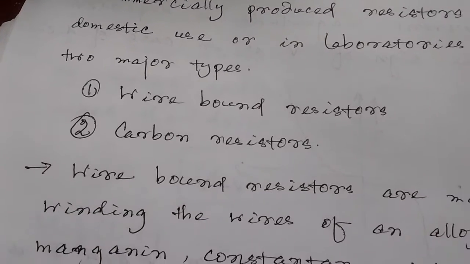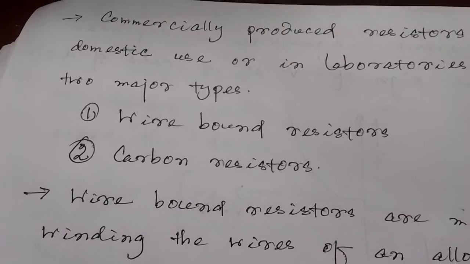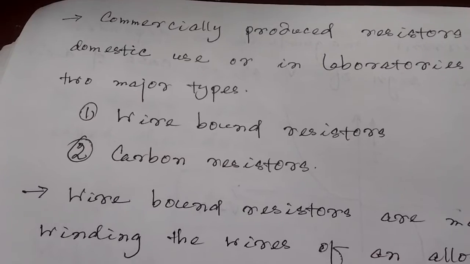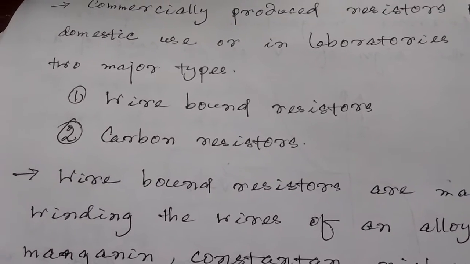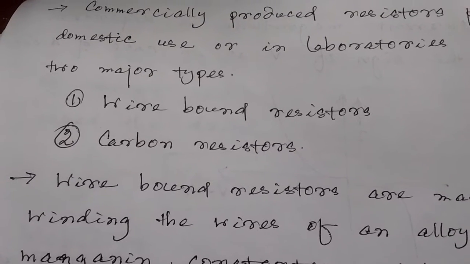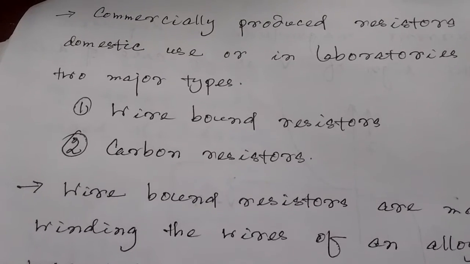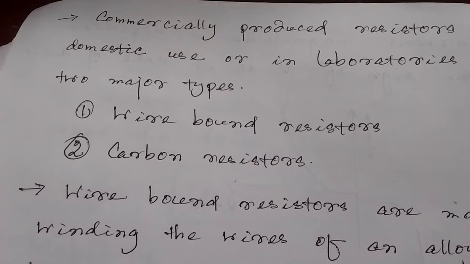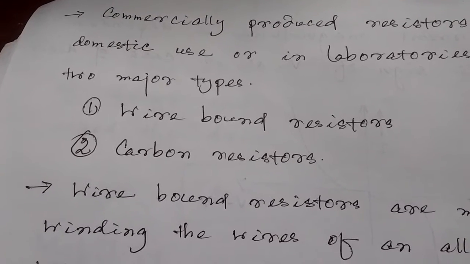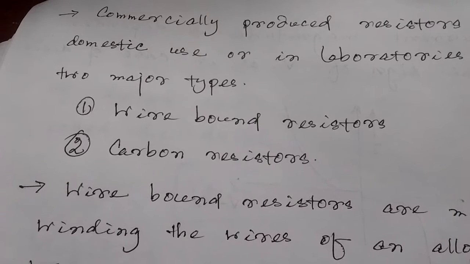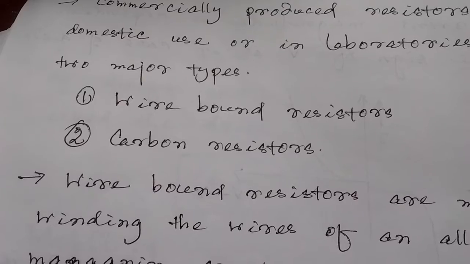Why carbon resistors are used widely? Carbon resistors are compact and very small in size and very cheap also. That's why they are commercially used. Then because of its small size, its values are determined by a color code. Whatever the value of the resistance of that resistor, that will be decided only by a color code.